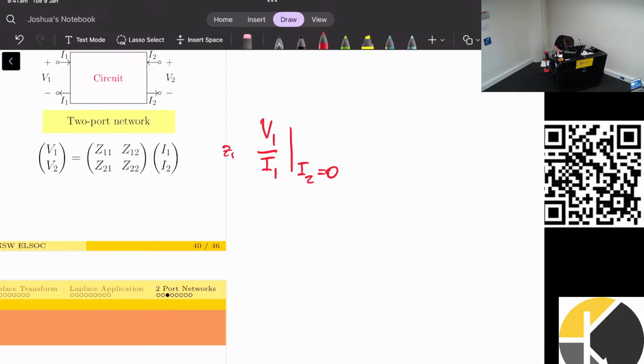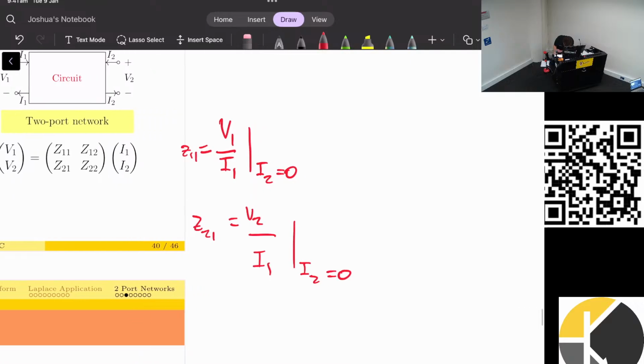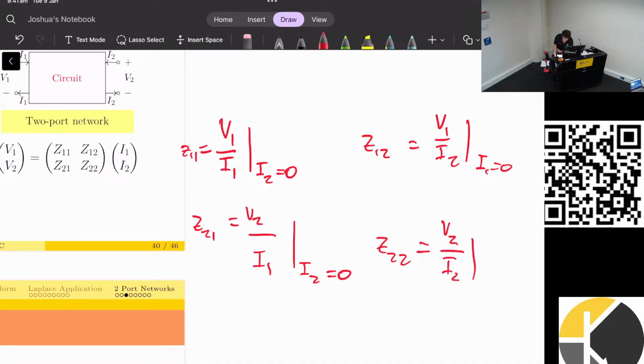That's Z11. Z21 is V2 on I1, where I2 equals 0. And we have the similar ones over here. You should have seen this before. Does that make sense? Yeah.